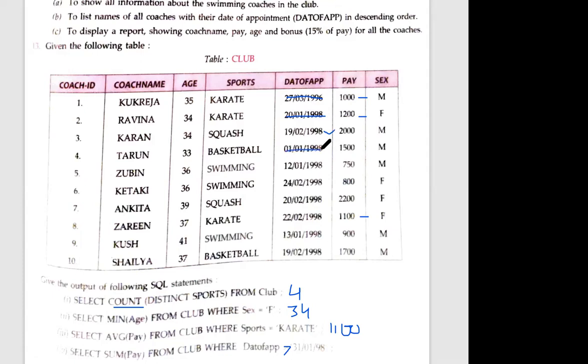This one again you have to ignore. This one is also less than 31st January. This you have to consider. Then this you have to consider, then this, and this. Simply add all these numbers.